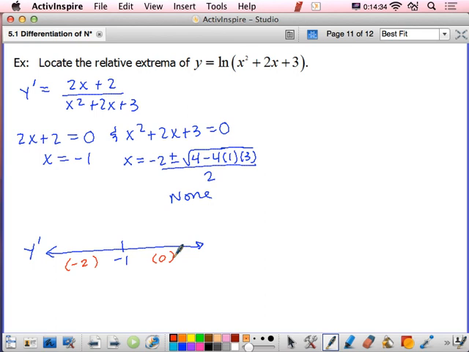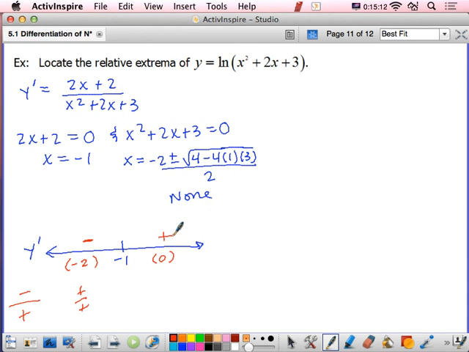So if I put -2 into the derivative, I get a negative over negative 2 squared is positive 4, minus 4 is 0, so positive 3. So it looks like it's decreasing from negative infinity to negative 1, right? Right. And it is. Positive 2/3 if I put 0 in. So it's increasing from negative 1 to infinity.